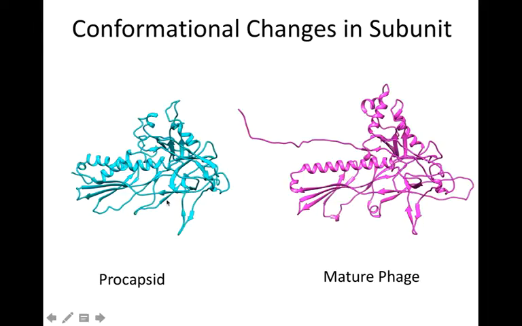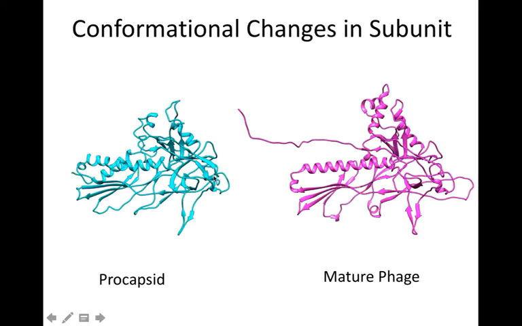In order to do that, we also built the individual model of each subunit of the procapsid. The one on the left is the protein fold of the coat protein of the procapsid. The one on the right is the one that I talked about a while ago. As shown in these two slides, it's quite obvious the N-termini undergo a large conformational change, becoming a flexible loop in the mature virion, whereas in the procapsid it forms a helix.